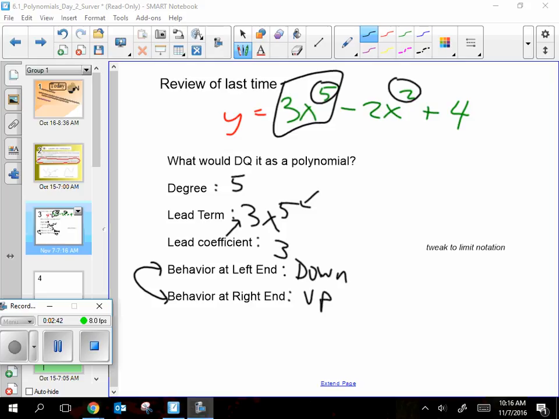Okay, good. So I need to now give you a better picture of what this kind of looks like. So I'm going to make a quick sketch of it. I'd like you to do it with me. Would you agree, since it's going up on the right, that it's going to end going up, and at the beginning it's actually going down? Then we don't know exactly how it touches the x-axis. It might be bouncing, it might be cutting through, it might be snaking.